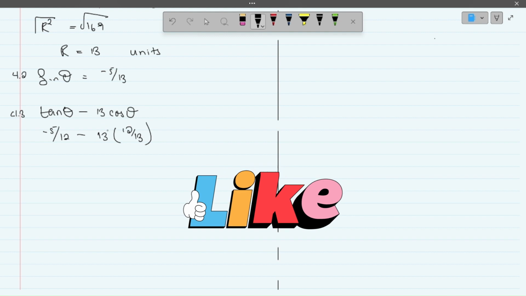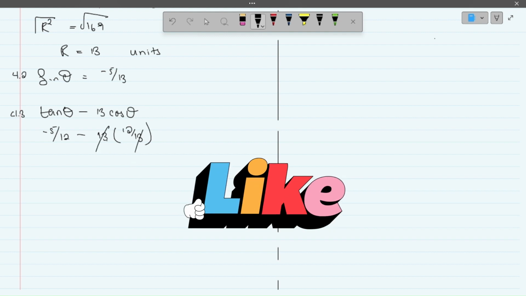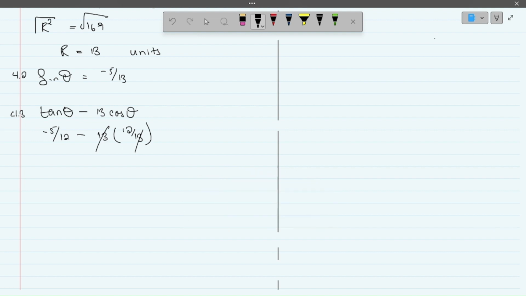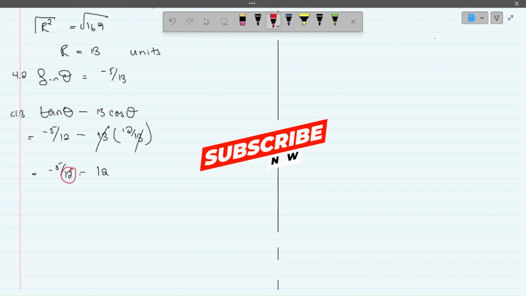So minus 13 times 12 over 13: the 13 in the numerator and the 13 in the denominator cancel, because the operation is multiplication. Then we have minus 5 over 12 minus 12. The lowest common denominator is 12, so we multiply the 12 by the numerator, because it is 12 over 1.